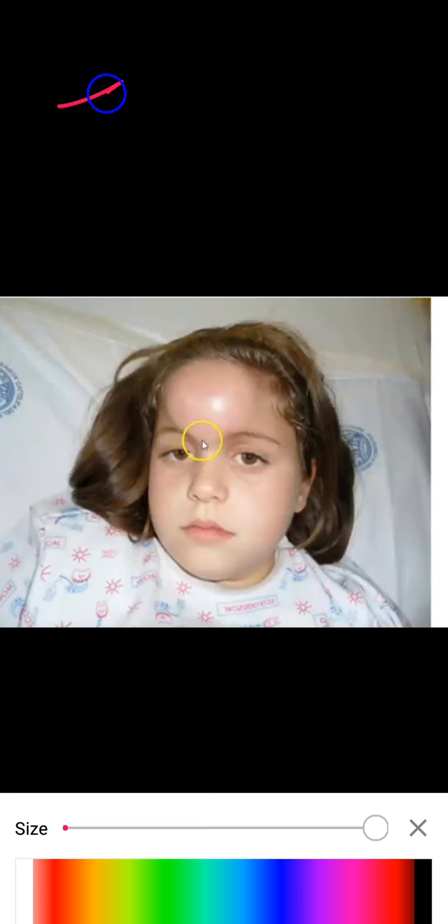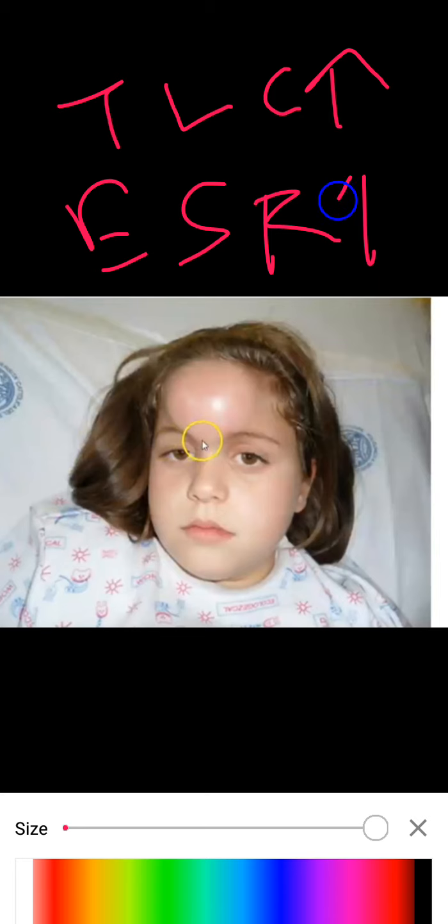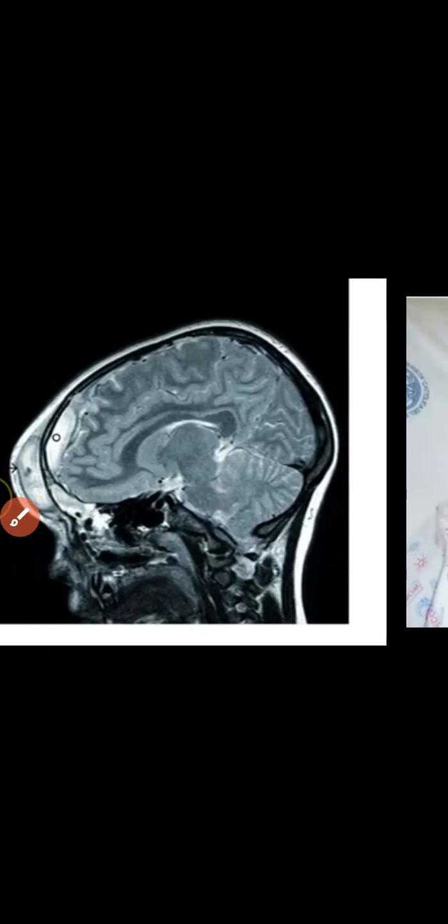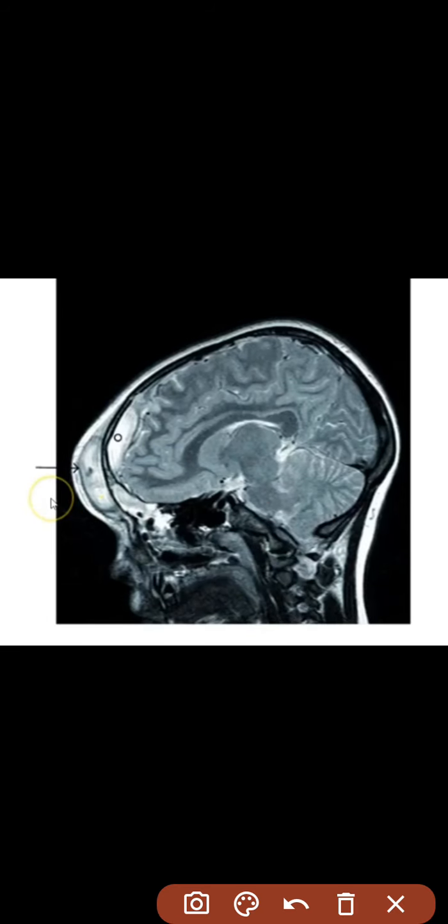Now what are the investigations? Total leukocyte count, which might be rising, then your ESR, which is also rising. Then X-ray of the skull. I have a diagram, see, this is the X-ray of the skull.